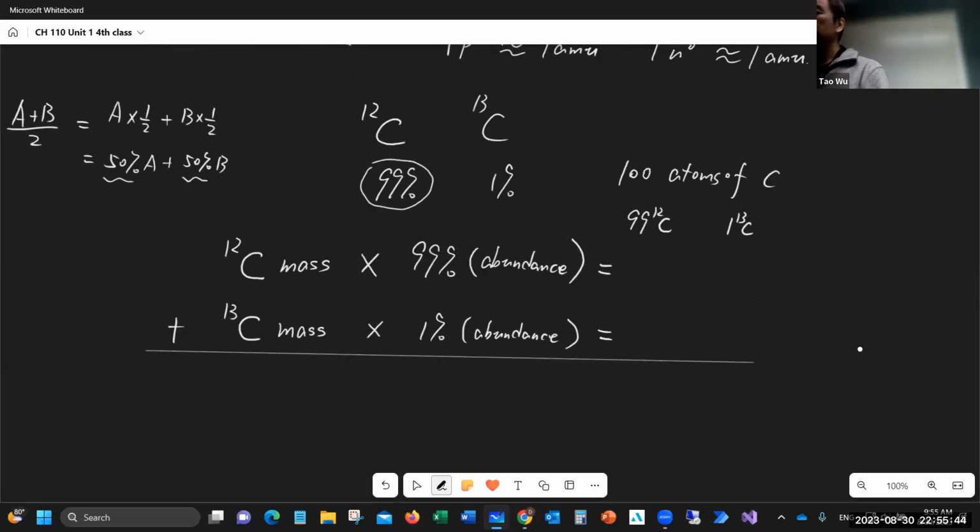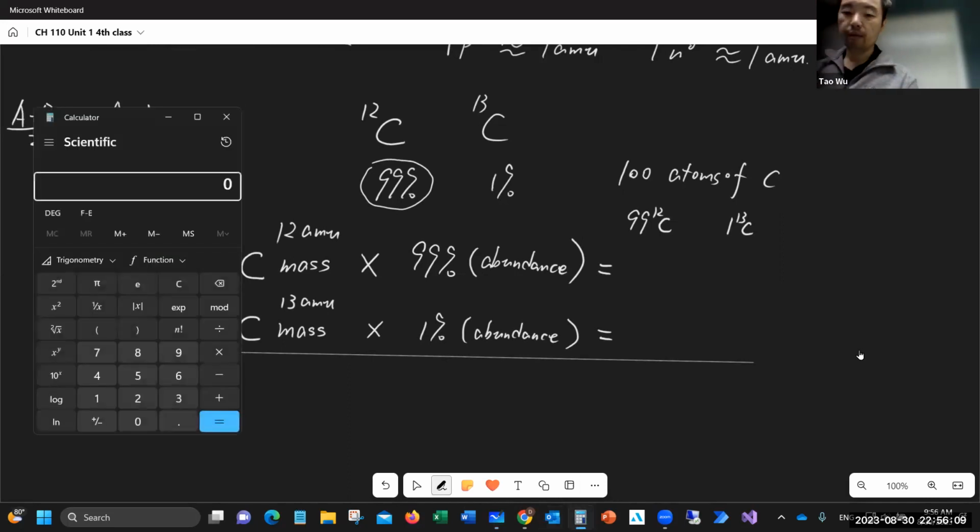Okay, so let's roughly do the calculation. We assume the mass of carbon 12 is 12 AMU and carbon 13 is 13 AMU. So we use 12 AMU times 99%, which is 12 times 0.99. 99% is 99 divided by 100.